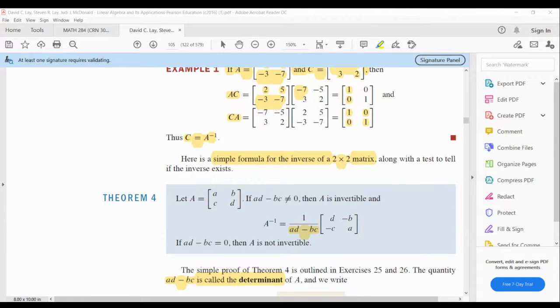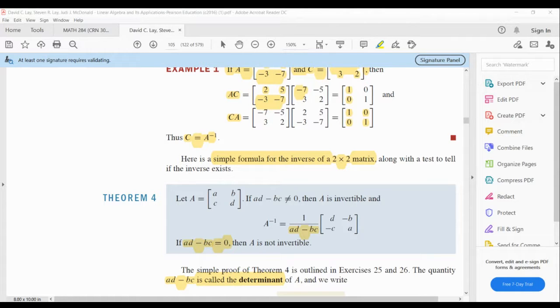So if the determinant equals 0, then A is not invertible. Now, why would that be? If the determinant here equals 0, then the matrix A doesn't have an inverse.